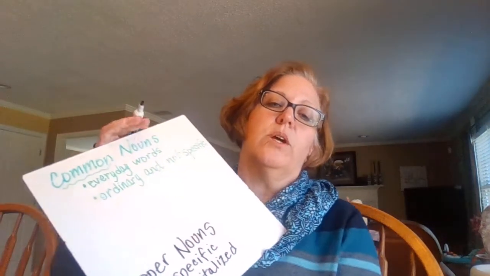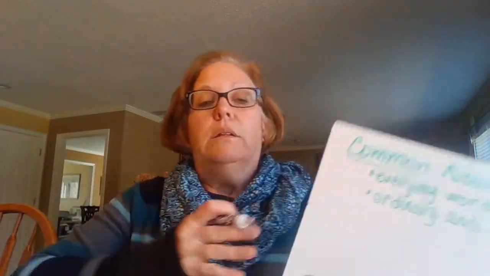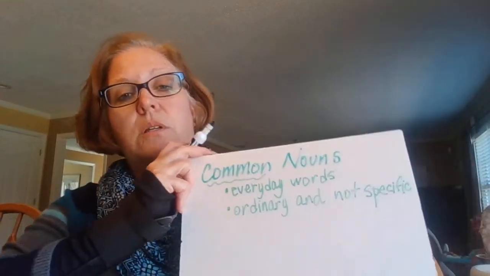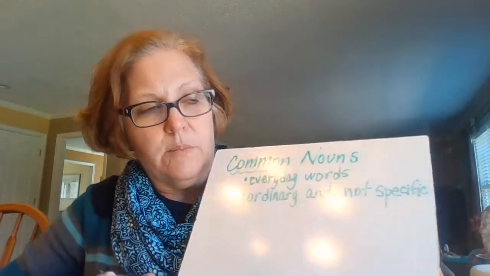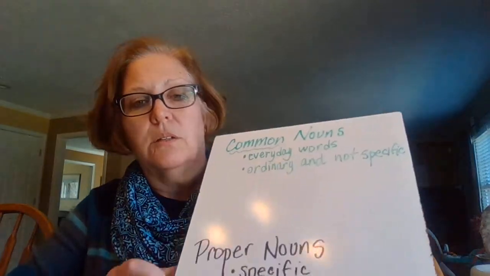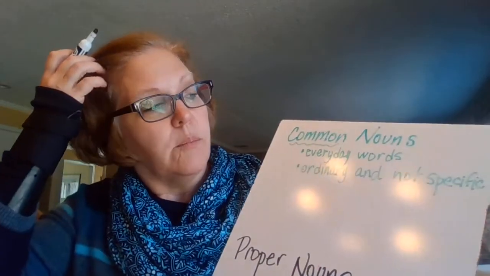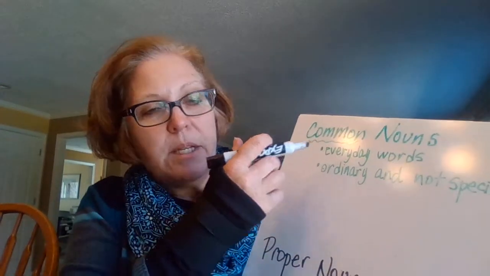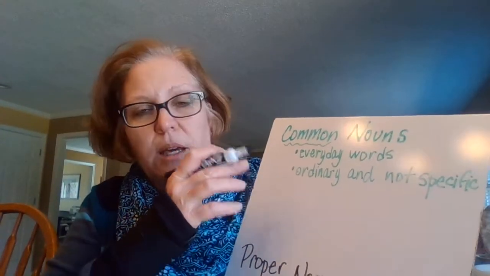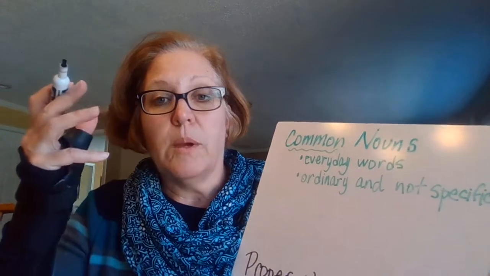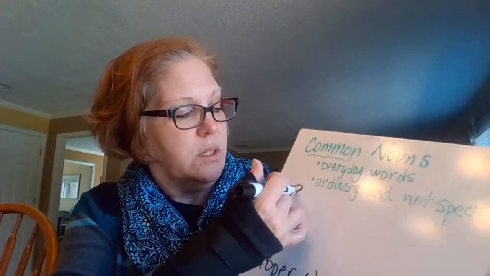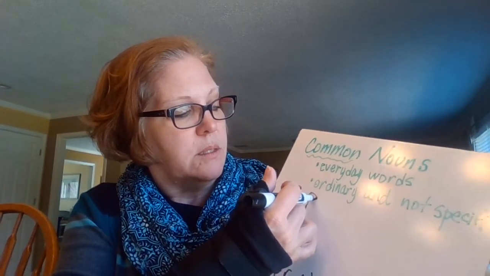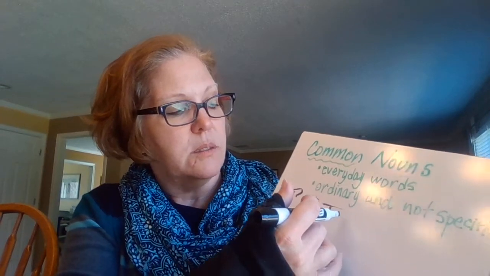Now, just as a quick reminder, I can't remember if it's in the last packet or this packet coming up, some common nouns and proper nouns. Remember, a common noun is an everyday kind of noun: a person, place, or thing.